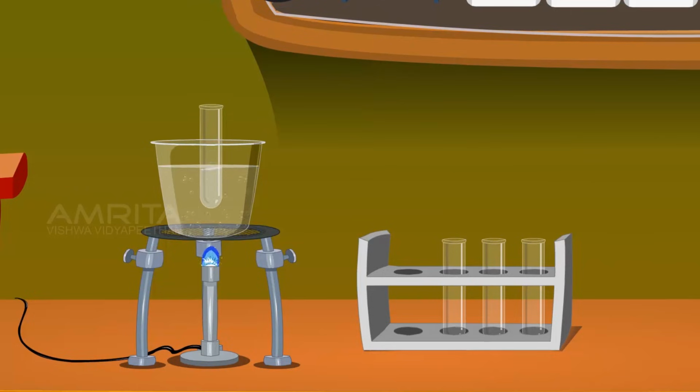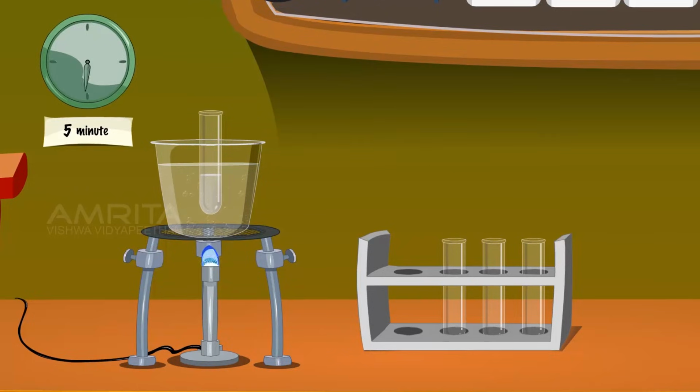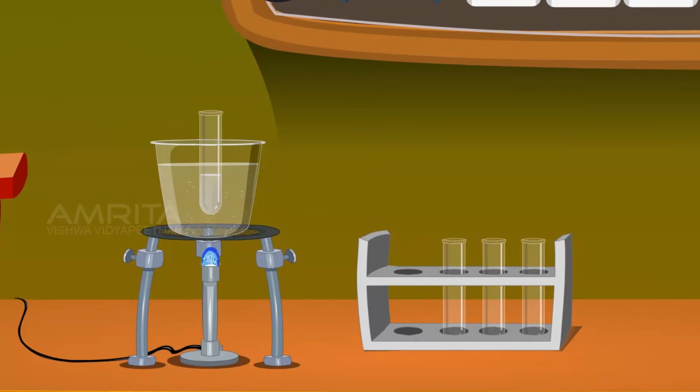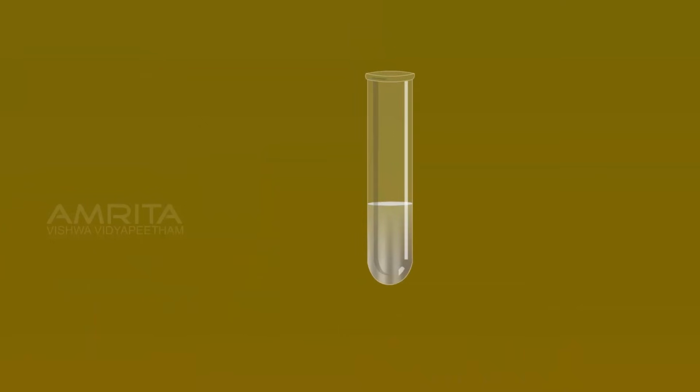Warm the test tube on a water bath for 5 minutes. In the presence of aldehydes, the silver ions in the test reagent are reduced to elemental silver and accumulate on the inner surface of the reaction vessel, producing a silver mirror effect.